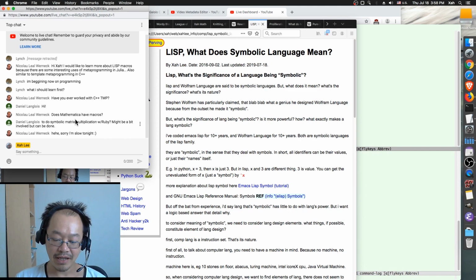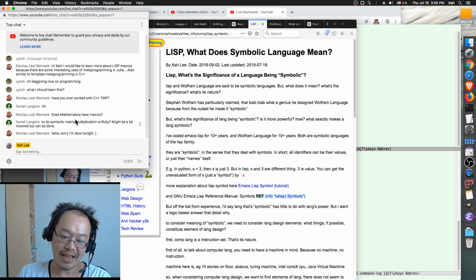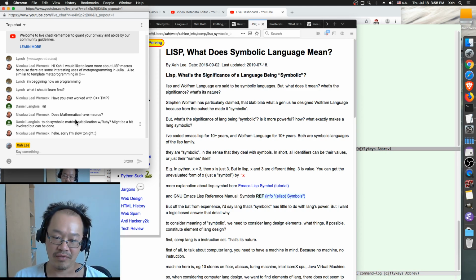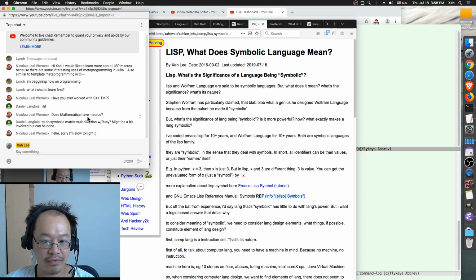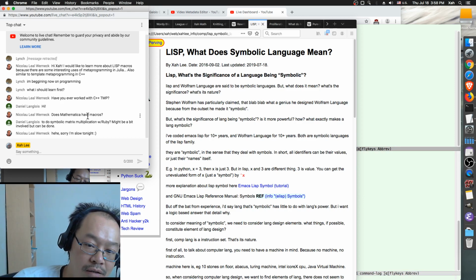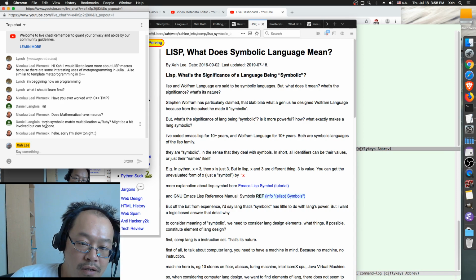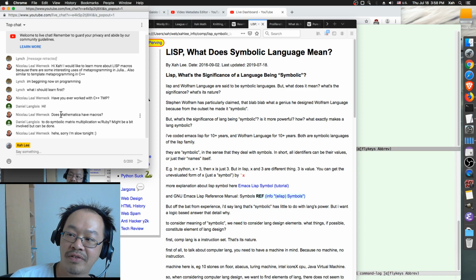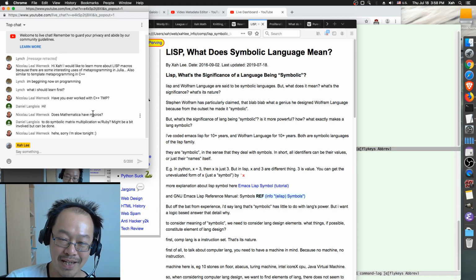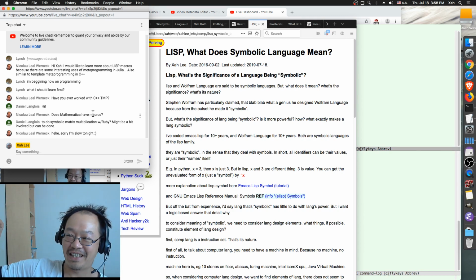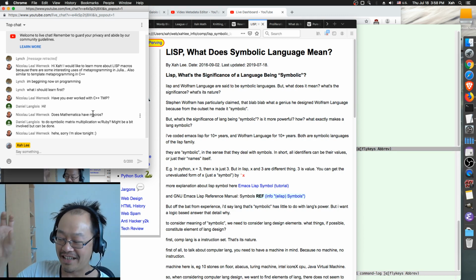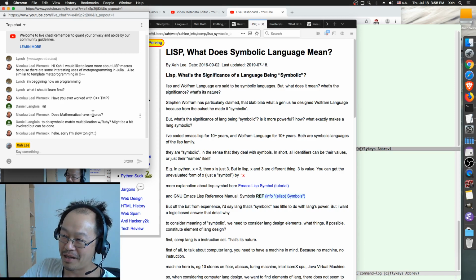So I have been saying Lisp macro is kind of like that, but it's like 1%, 5% of this whole thing. I've seen people on Stack Overflow ask whether Mathematica has macros. Then I've seen the best answer say, oh, yes and no and blah blah blah.